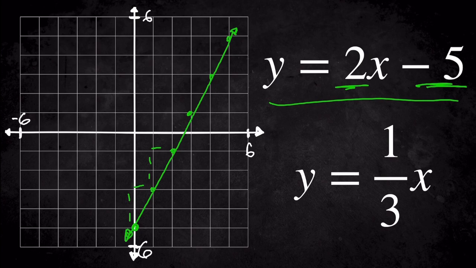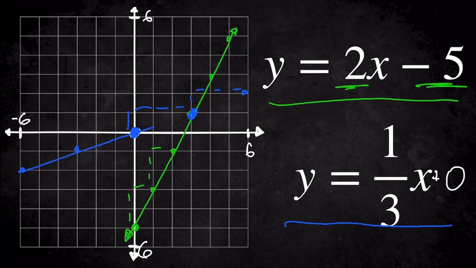Now for the second equation, y equals 1/3 of x, the y-intercept would be 0, so that would be right here, right? And we go up 1, run 3. Then we go up 1, run 3, the same way on this side.